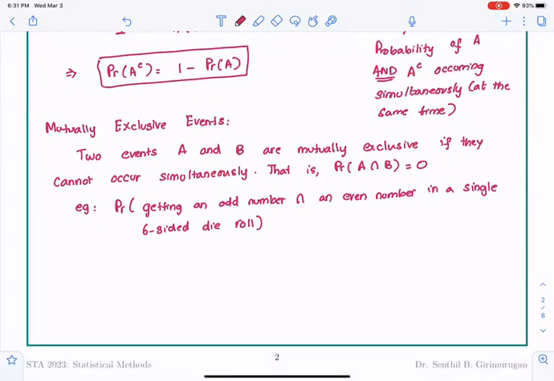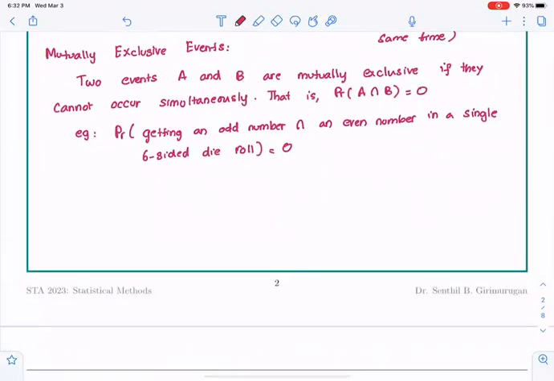So if I roll a die only once, and if I asked you, what is the probability that I get both an odd number and an even number at the same time, that probability is going to be 0.